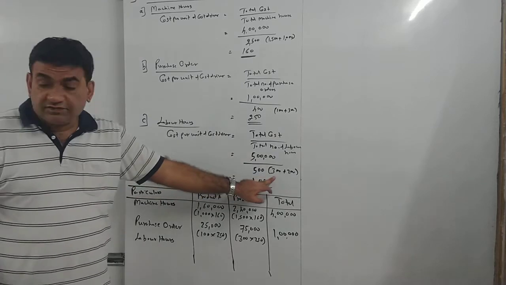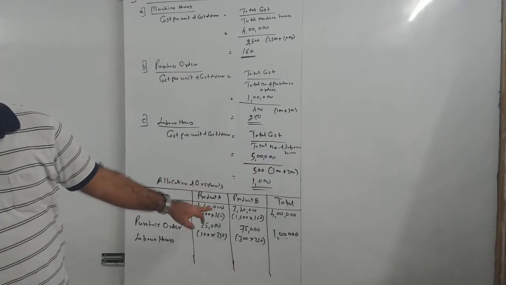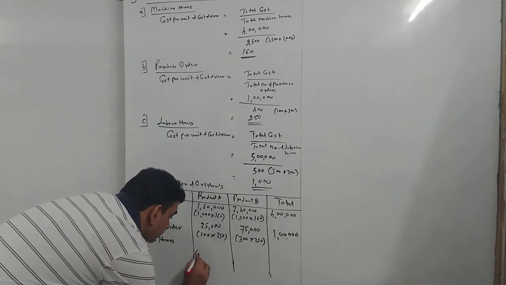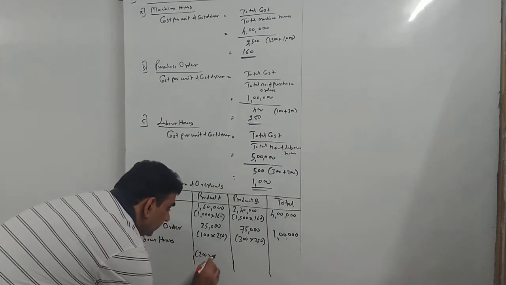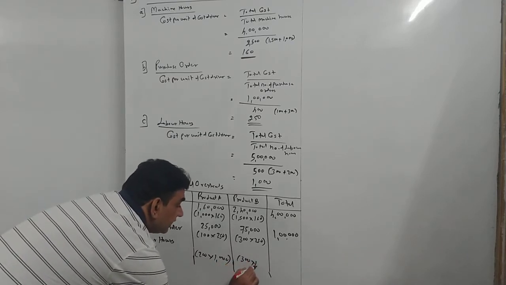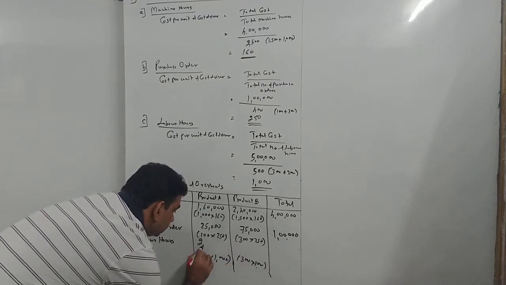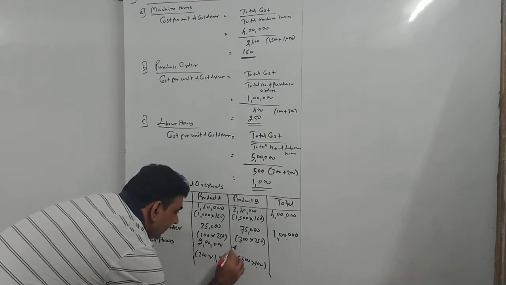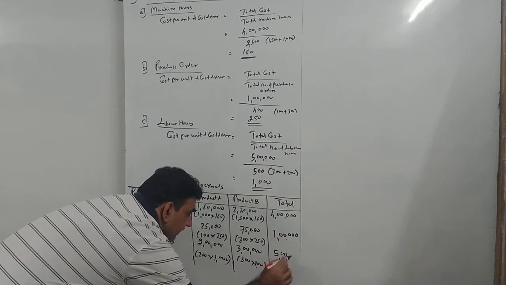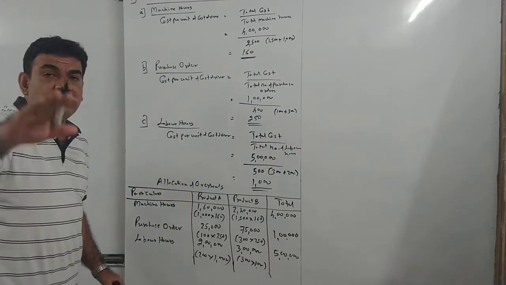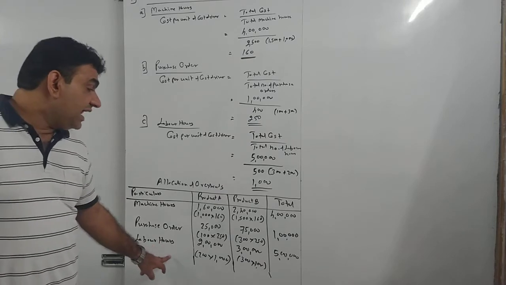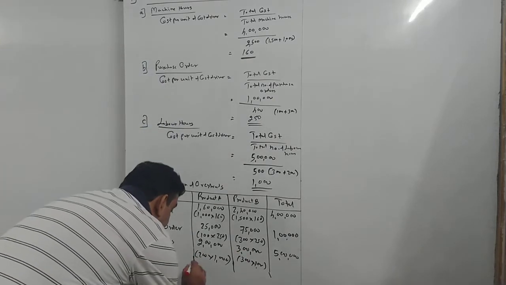How many labor hours for A? A has 200. Okay? So A will be 200 into 1000 and B will be 300 into 1000. So that is 2 lakh and 3 lakh, which gives you 5 lakh. So the 5 lakh segregates into 2 lakh and 3 lakh.